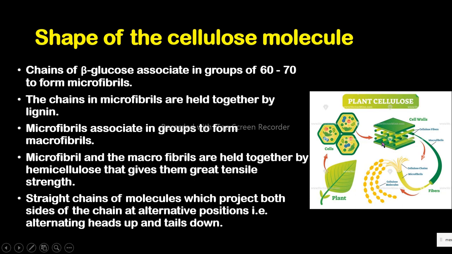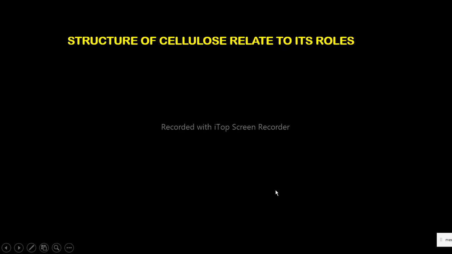If this fiber runs in this direction, the next runs in the other direction, and the next in this direction, and so on, until you form a cell wall. This cell wall is going to surround the overall cell. I hope that is now okay. So basically that is the structure of cellulose and a cell wall.